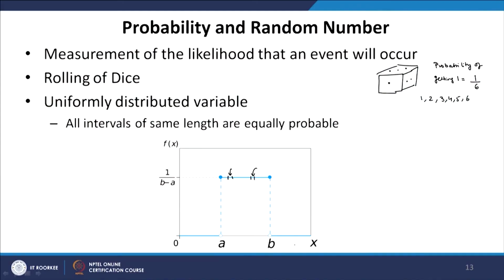Here the interval is A and B. The minimum value of the random number that you will get is A, and the maximum value is B. Normally in Monte Carlo calculation we take the value of A to be 0 and B to be 1. We are interested in finding a random number between 0 and 1, and the probability of getting any number in this interval is the same; that is the uniform distribution.